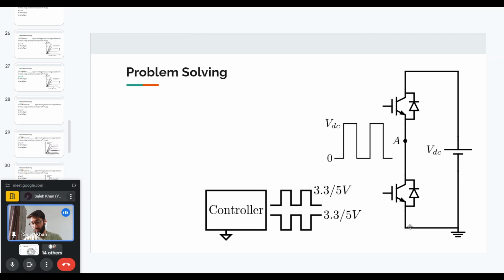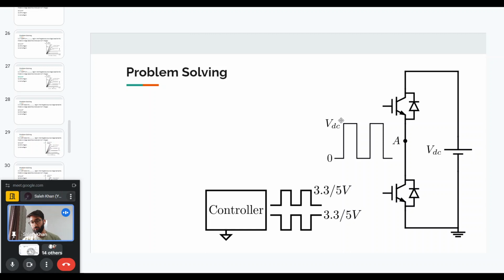So if we have a gate driver for the low side switch, then the gate voltage should be with respect to a constant voltage. But for the high side device, since the emitter voltage, which is the switch node voltage, actually changes between 0 and VDC, so we require a floating supply for the high side switch.